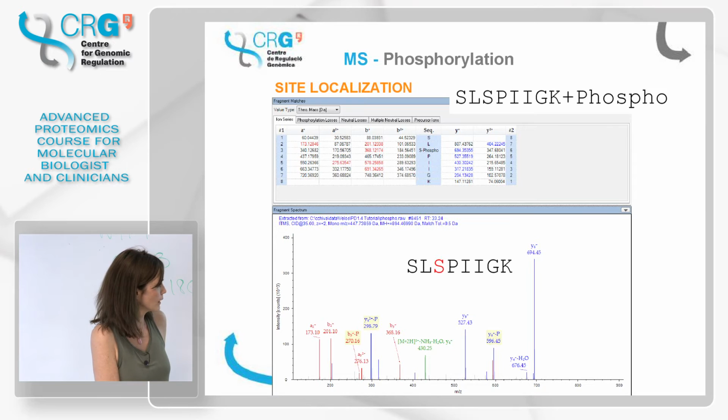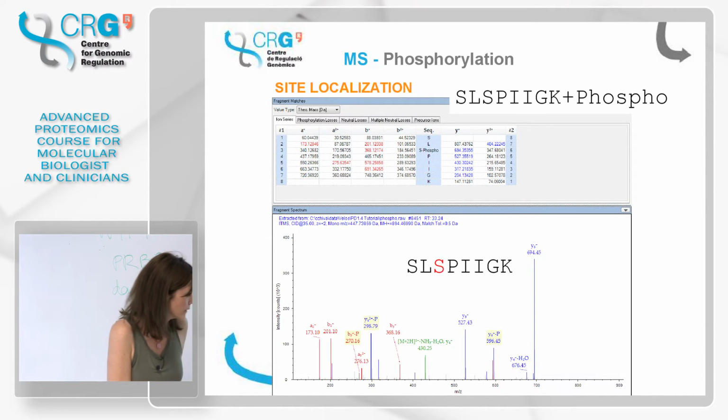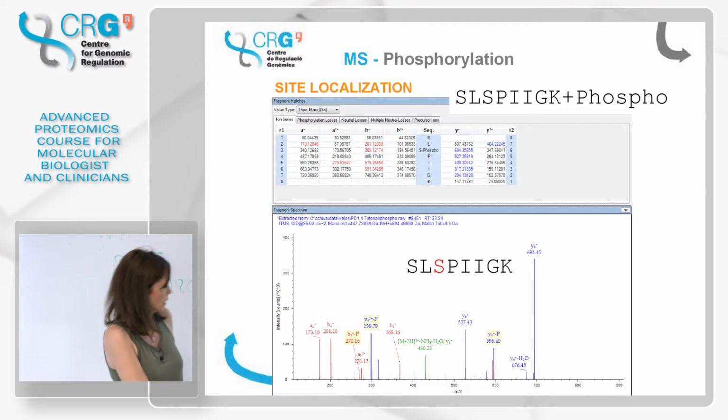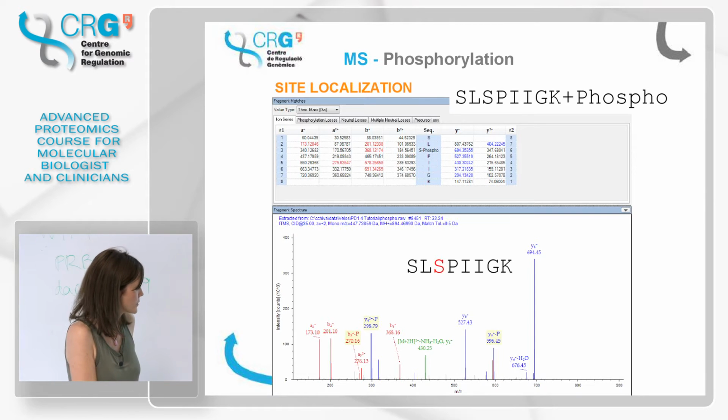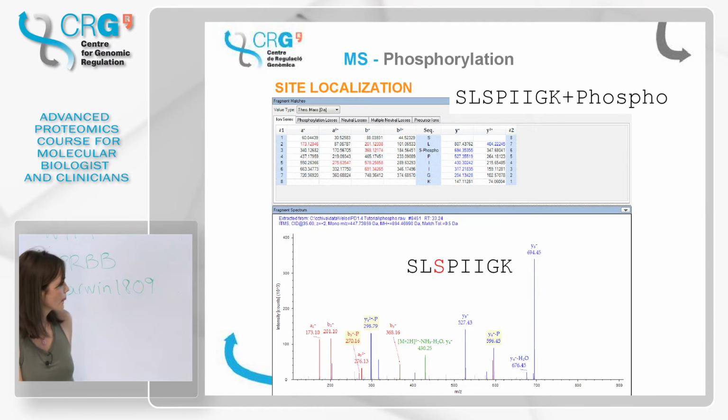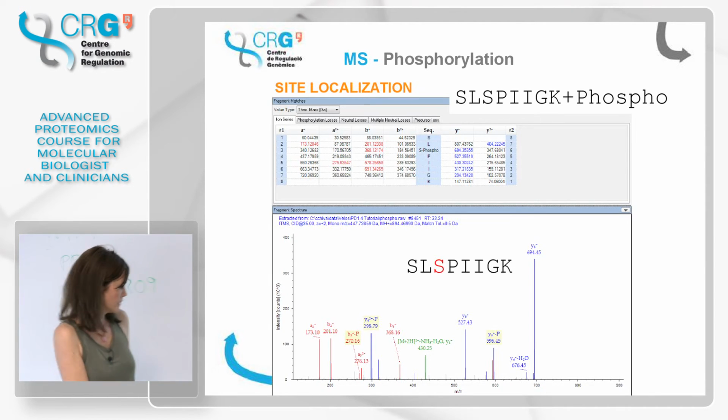In this case, we have this ion, 694, that is telling us that this serine is phosphorylated. It's a beautiful ion here, there is no doubt. We also see the ion that results from losing the phosphorylation. So there is no doubt. This peptide is phosphorylated and is phosphorylated in this serine. Okay, great. Serine 3 phosphorylated.